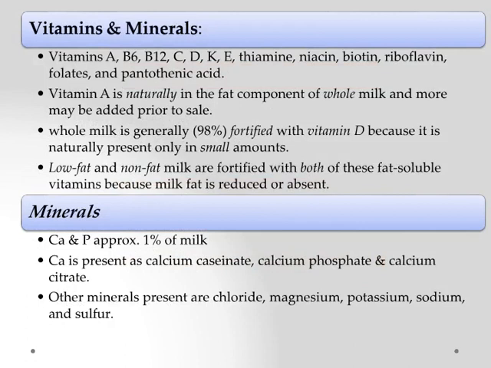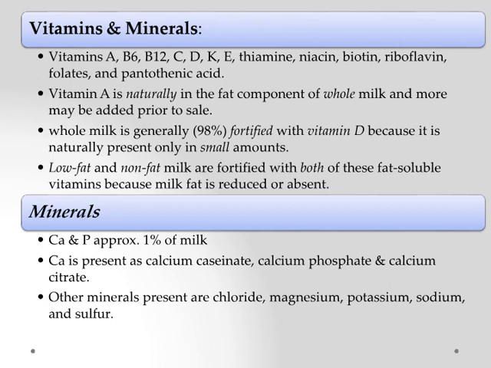Vitamins and minerals. Vitamins A, B6, B12, C, D, K, E, thiamine, niacin, biotin, riboflavin, folates, and pantothenic acid. Vitamin A is naturally in the fat component of whole milk and more may be added prior to sale. Whole milk is generally fortified with vitamin D because it is naturally present only in small amounts.